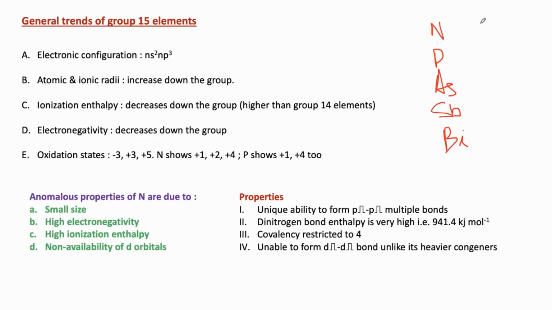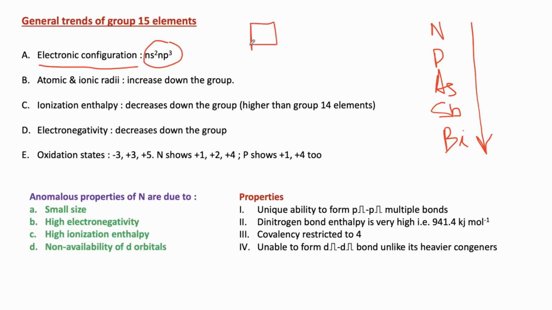If we go from top to bottom, the group goes: nitrogen, phosphorus, arsenic, antimony, and bismuth. As we go down the group, the principal quantum number increases, so the size of the atoms also increases. Now these group 15 elements have a general electronic configuration, that is ns2 np3.